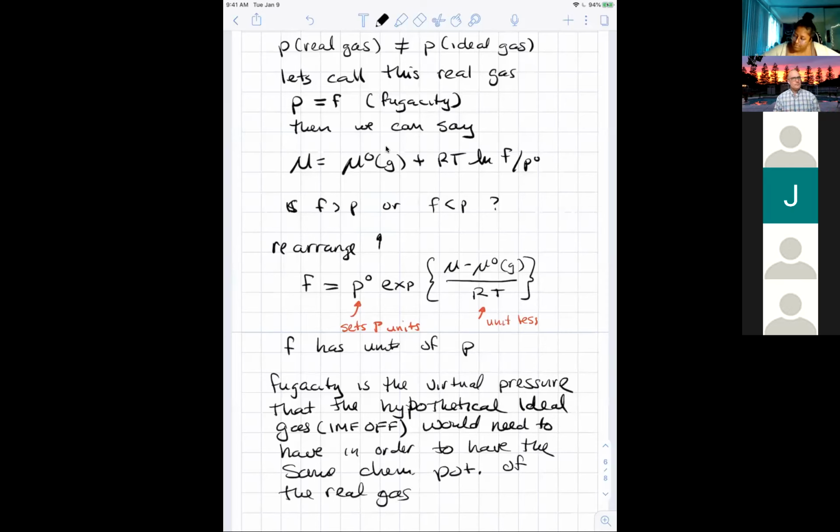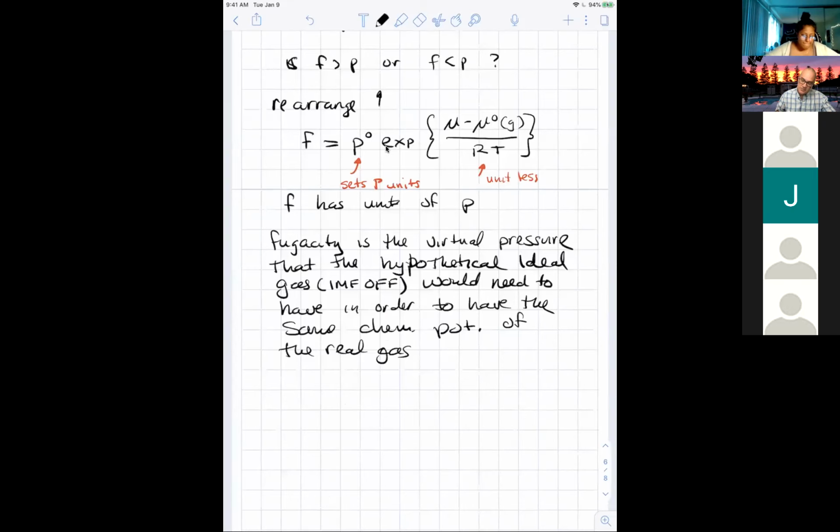Okay, so I'm going to say the chemical potential of my real gas is this, and it has a certain pressure. Now, my ideal gas is a reference, and an ideal gas is something I know how to work with really easily. What would the pressure of this ideal gas have to be to have the same chemical potential of my real gas, right? That pressure is the fugacity, okay? So it's a virtual or an effective pressure, right?